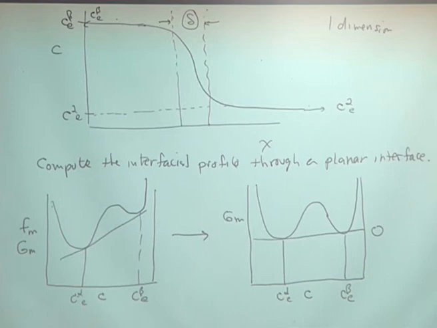So in this particular system, the total free energy, Ft or Gm, is given by the area times the integral of F as a function of C plus K times the gradient squared, dx.